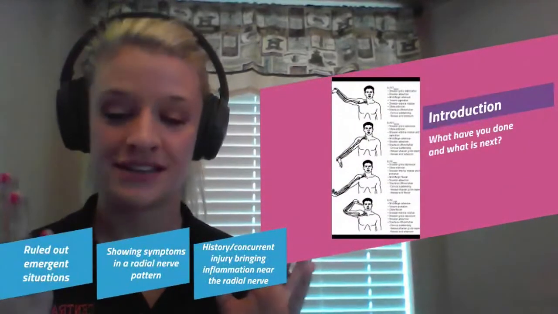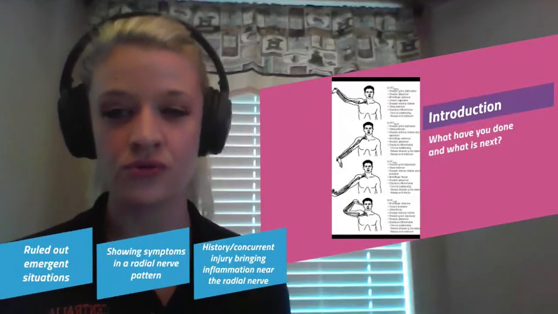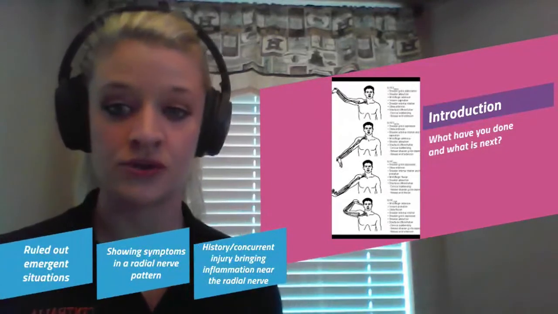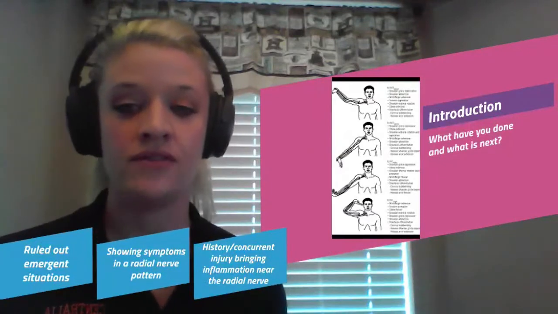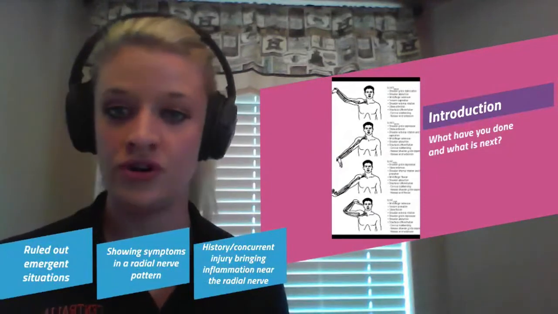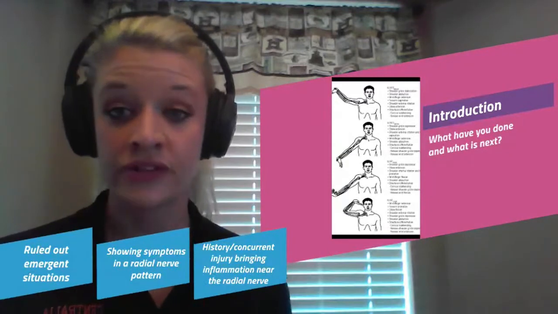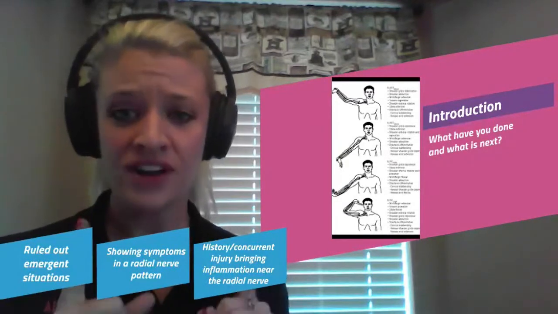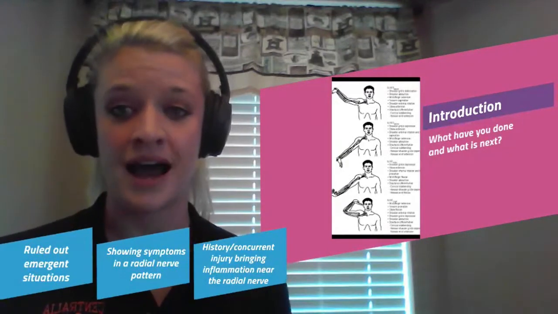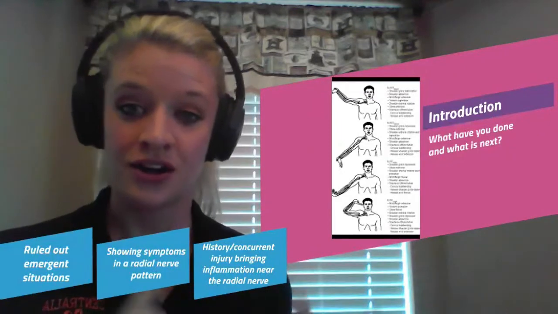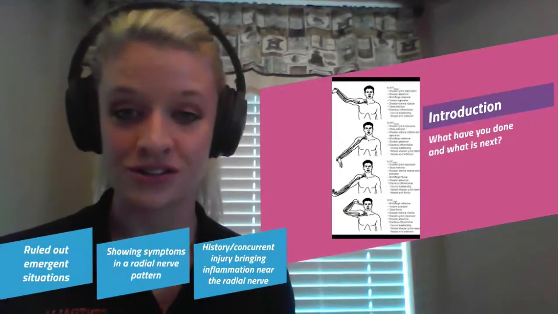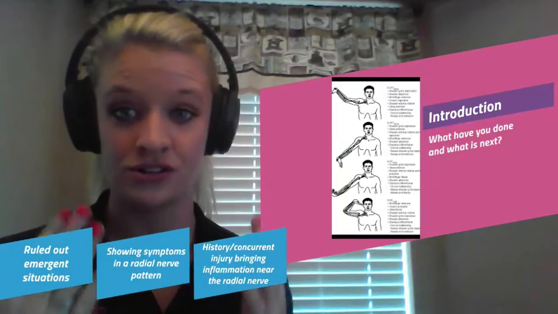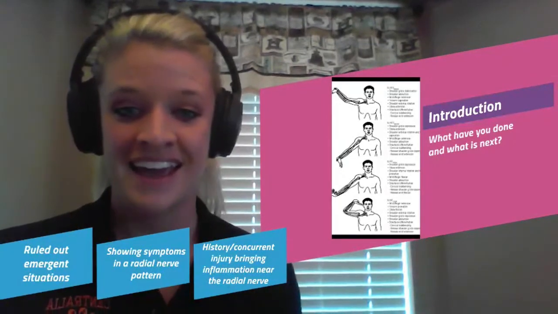If you're watching this video, it is because you've already ruled out emergent situations having occurred to a person who's showing symptoms of some sort of neurological pattern, specifically for the radial nerve. If you have not done that at this time, I recommend you go to my suggested videos and watch Megan Kinzer's video on a full neurological screening.